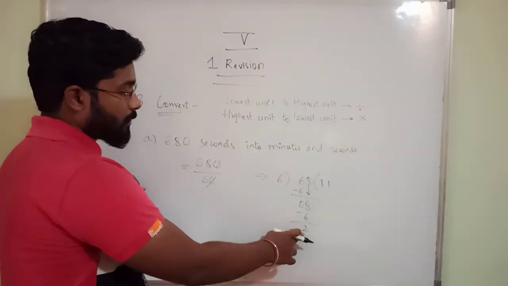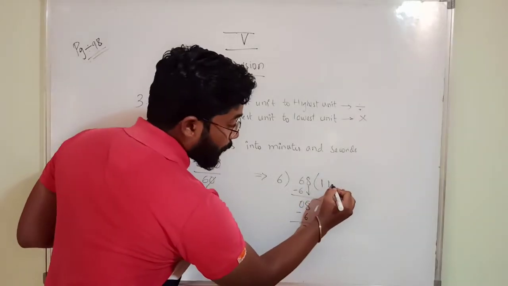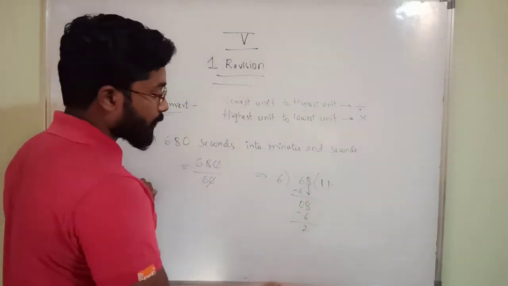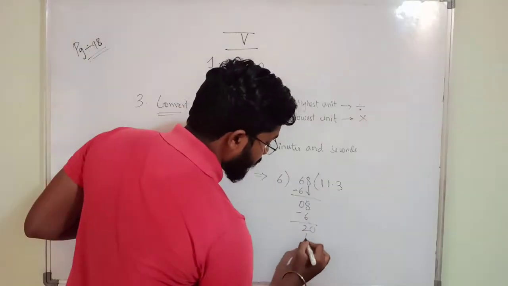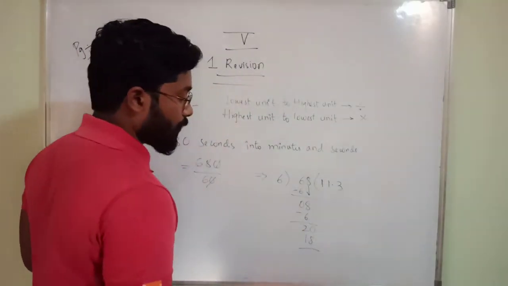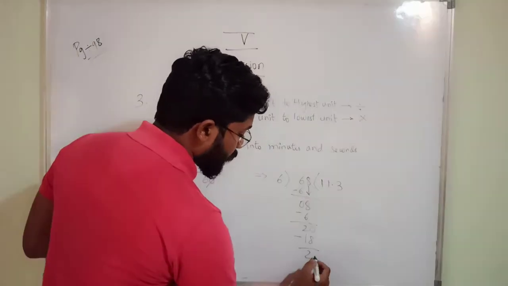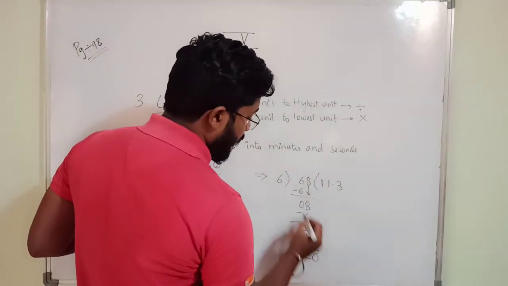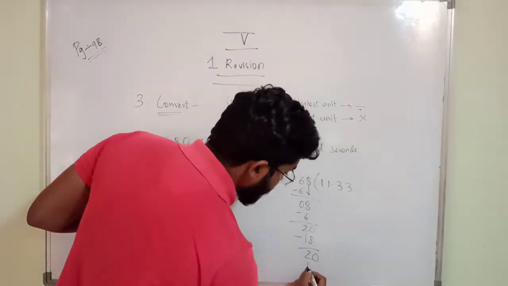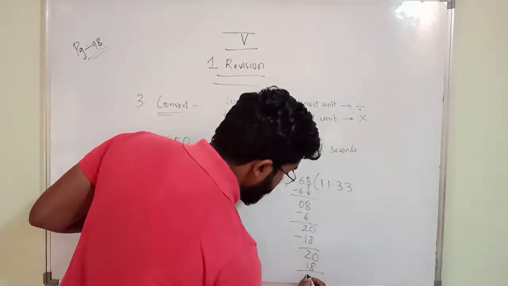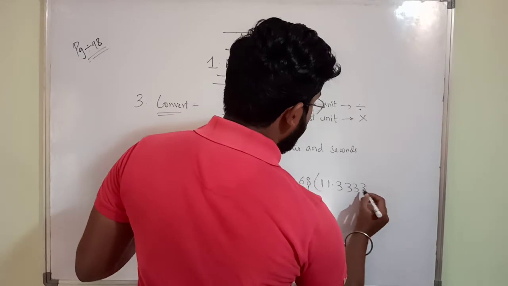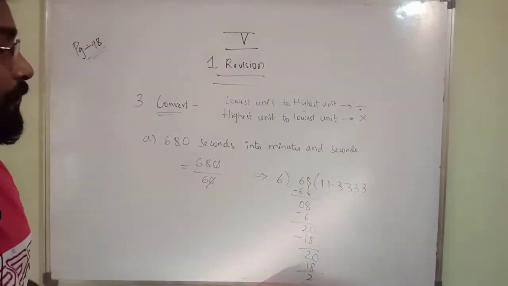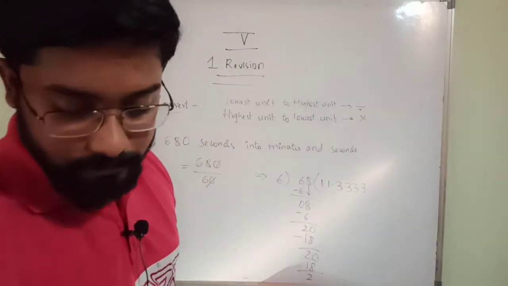Remainder is 2. Keep the point here. You will get 0 here. 6 3s are 18. Again you will get 2. 0. Again 6 3s are 18. Again 2. Like that it will go on continuing, 11.333 like that.